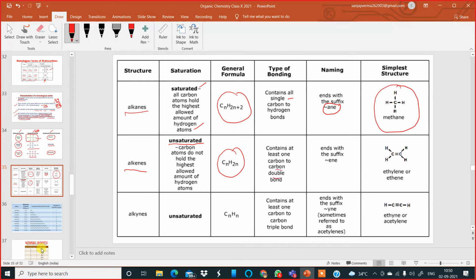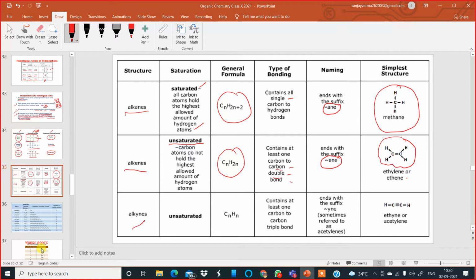Here, alkanes contain all carbon-to-carbon single bonds. Here, at least one carbon-to-carbon double bond. The alkenes end with the suffix -ene, and the simplest structure of an alkene, ethene, is given here, C2H4.